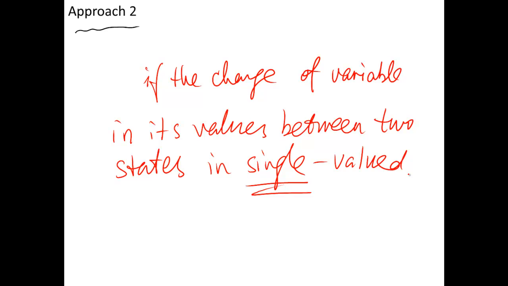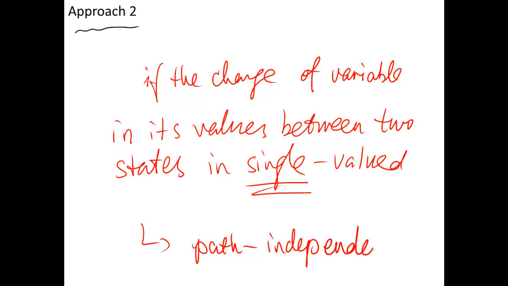So this approach indicates that the change of value of a property is path independent. Therefore, later if you have to solve problems about the change in value of any property, you can choose any path you like. But of course, I prefer to choose a path which helps me to solve the problems more easily, not with more difficulty.